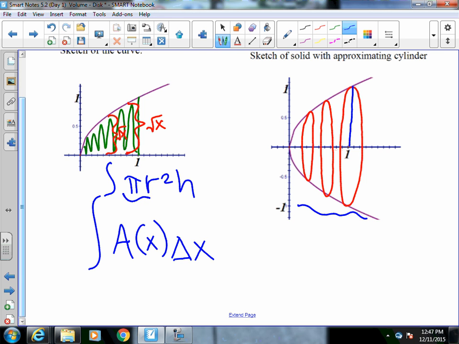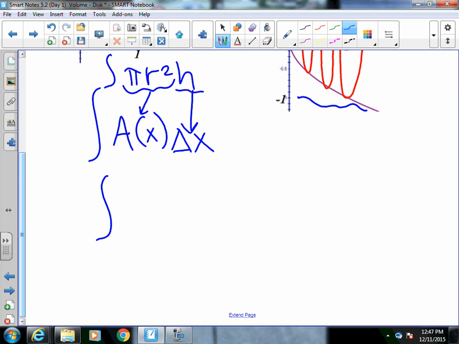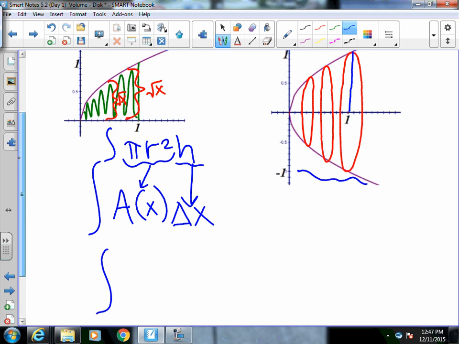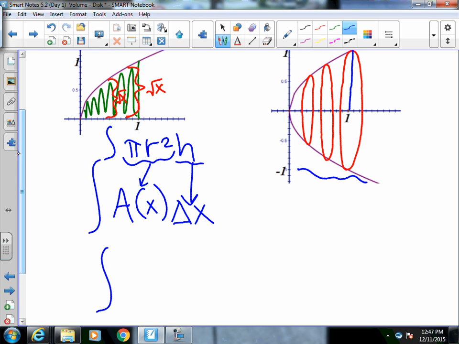So pi r squared is the area of the circle, and the h is the thickness, an x thickness because our slices are in x. In this case, these circles are stacked from 0 to 1, because they start over here and they end at 1.